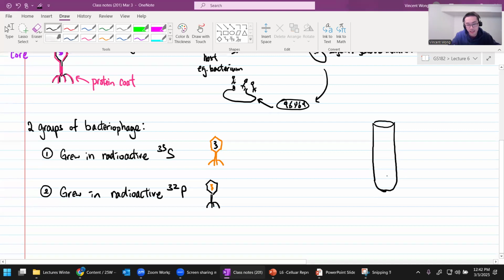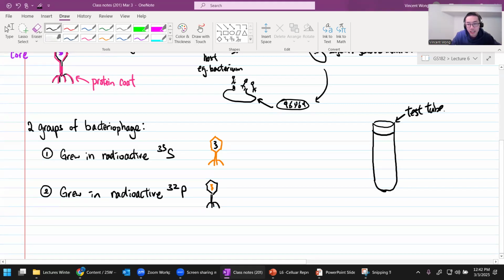But the point is this, okay? They're going to spin the mixture at really, really high speed. And when you do that, you can actually separate things according to their mass. So things that are heavier are going to get to the bottom, and things that are lighter are going to go on the top.